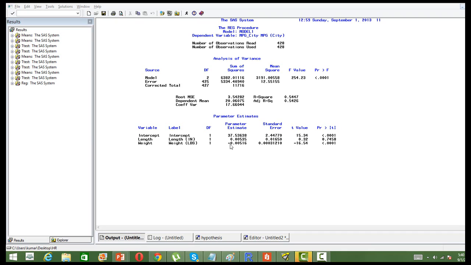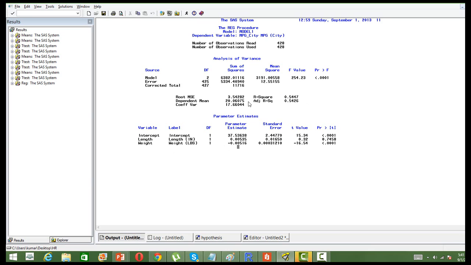Actually, it was given in your videos, in the parameter estimates, that in the same example, if we increase length by 1 unit, mileage will decrease by 1 unit. That is your line, so repeat it. And it won't be 1 unit; it will be the parameter estimate. If we increase weight by 1 unit, the corresponding decrease in mileage will be minus, because it is negative here, right? 0.005 unit.